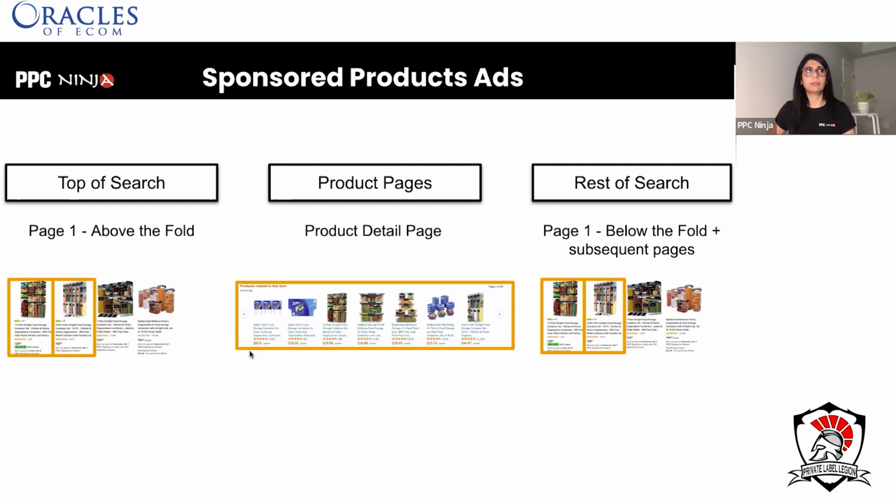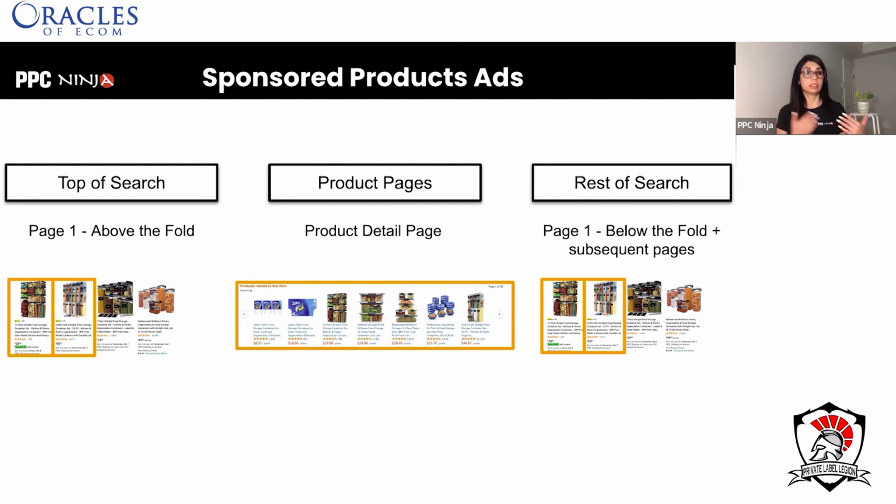So the point is that if you're bidding on a particular placement, you want to make sure, by looking at the data, that you're actually performing well on those placements. And if there's an opportunity for you to show more, or more prominently, on any one of these placements, then you have the option of bidding extra to get better visibility.